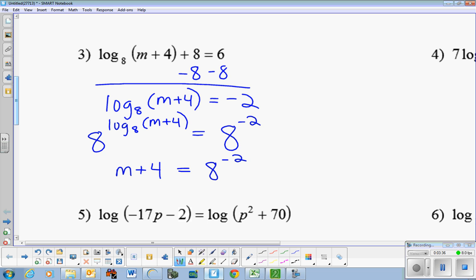Right now what I have is m plus 4 equals 8 to the negative 2. Remember, 8 to the negative 2 is 1/64. So I need to do basically 1/64 minus 4.